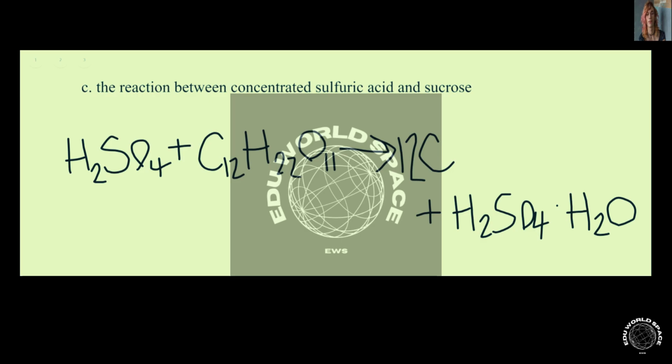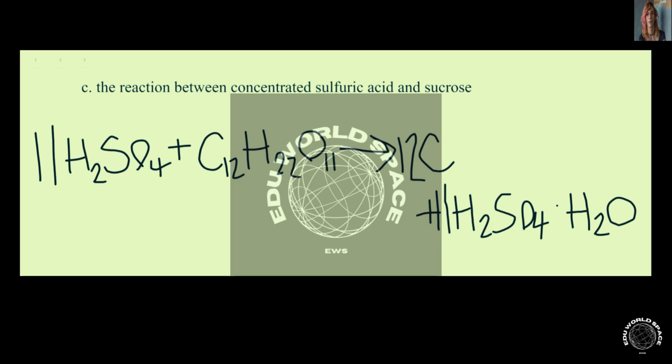So how are we going to balance this? Well, to start off with, we know that we have 12 carbon atoms on the left, and so we need 12 carbon atoms on the right. So we put a 12 in front of our carbon. And then we need to know how many water molecules we can extract from C12H22O11. So we have 22 hydrogen atoms and 11 oxygen atoms.